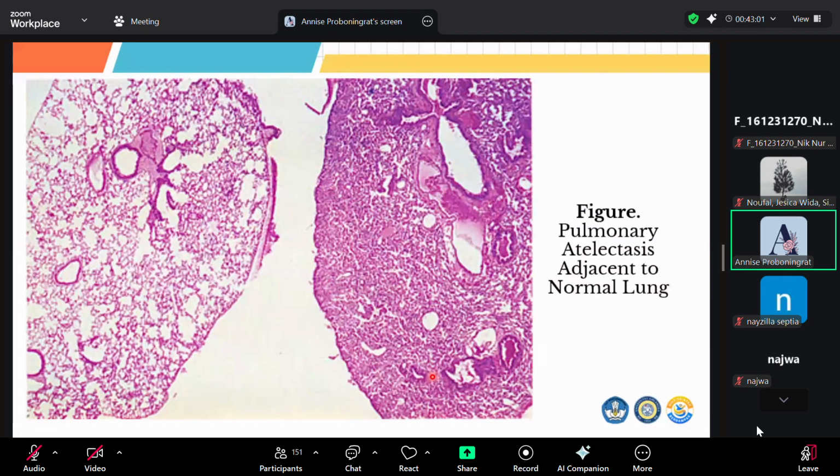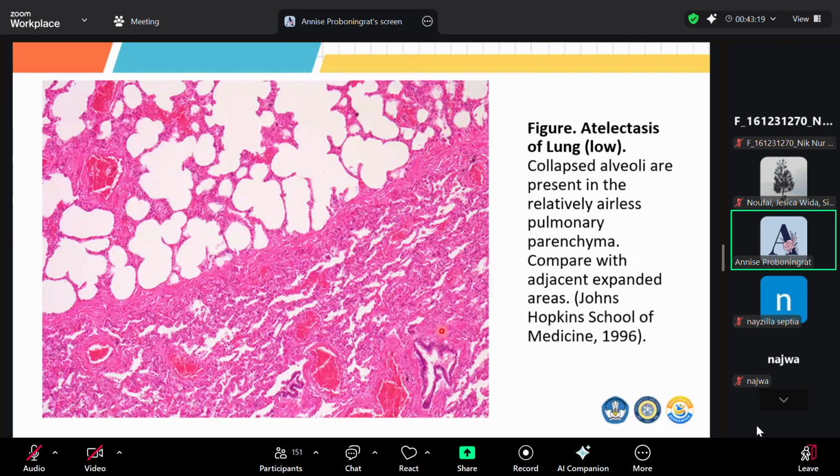And then this is the histopathological figure of atelectasis. The right picture is the atelectasis and the left lung is the normal one. And this is another figure of atelectasis.